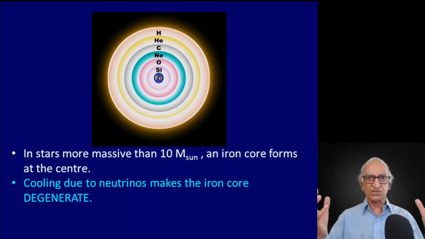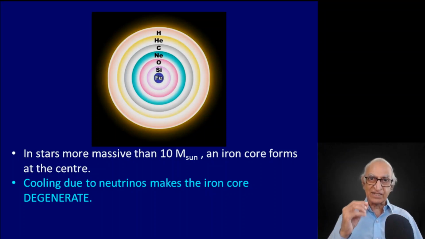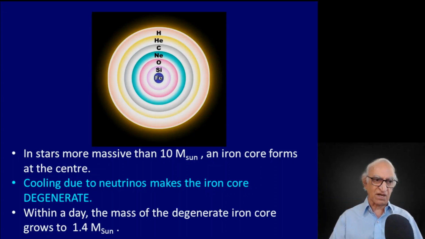The neutrinos cool the core, and therefore the core quickly becomes degenerate, in the sense that the Fermi energy of the electron is far greater than the thermal energy kT. Therefore, the electrons in the iron core have to be described according to Fermi-Dirac statistics. In other words, we have the formation of an iron white dwarf right at the center of the star.